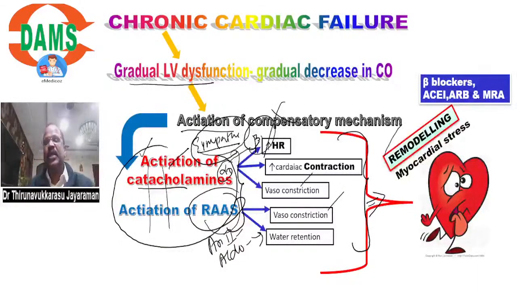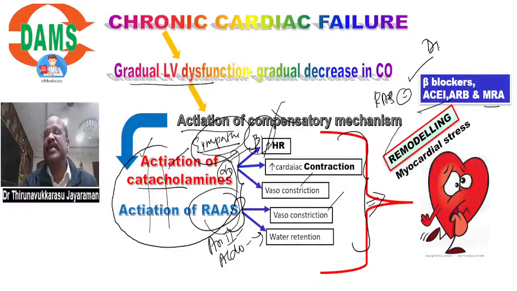That means the beta blockers and the RAS pathway blockers, the so-called ACE inhibitors, ARBs, and mineralocorticoid receptor antagonists, the so-called aldosterone receptor blockers.